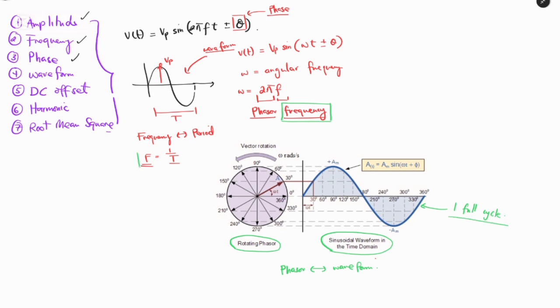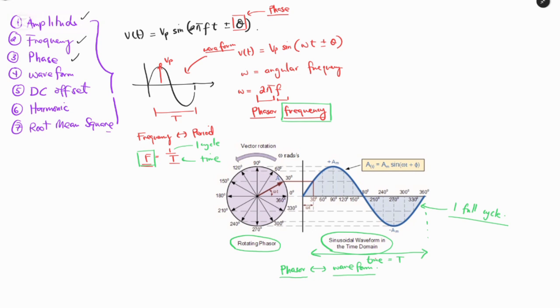That means to find the frequency, we have one cycle over the time it takes to complete this one cycle. This represents the period, the time it takes to complete one particular cycle in an AC waveform. And we will discuss the phasor representation of this waveform and what relationship they have.